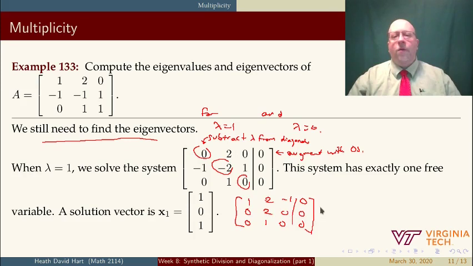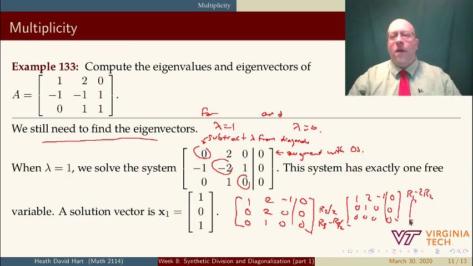We'll take row 2 divided by 2, and then row 3 minus what we just had, row 2 divided by 2. And we get 1, 2, negative 1, 0, 0, 1, 0, 0, 0, 0, 0, 0. And then finally, I'm going to get rid of this 2 up here, row 1 minus 2 row 2. I get 1, 0, negative 1, 0, 0, 1, 0, 0, 0, 0, 0, 0.